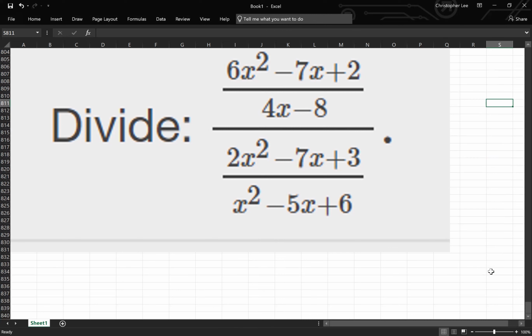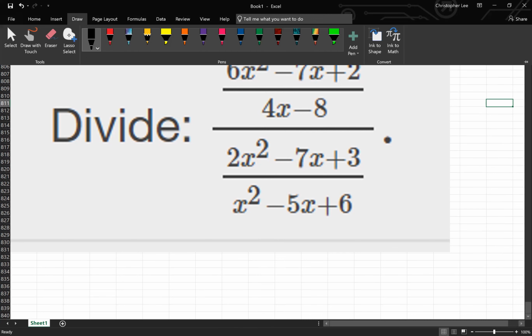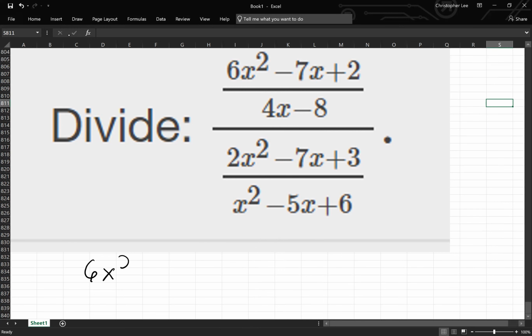First things first, keep, change, flip, right? So what am I gonna do? I'm gonna keep the numerator, so I got 6x squared minus 7x plus 2 all divided by 4x minus 8, right? And then I'm gonna flip the second fraction and change it to multiplication. I'm going to use the dot for multiplication because there's a lot of x's in this question.